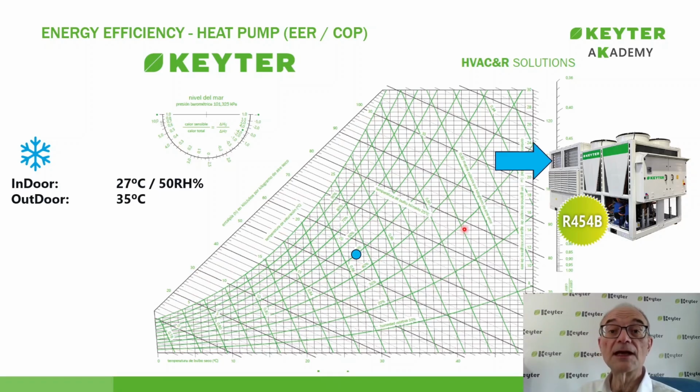Why? Because the indoor unit works as an evaporator, and the evaporator is indeed affected by relative humidity. Whereas the outdoor unit, which works as a condenser, is not affected. Therefore, the indoor unit will operate at this single point, while the outdoor unit can operate at any of these points within the psychrometric chart, since relative humidity does not affect it.